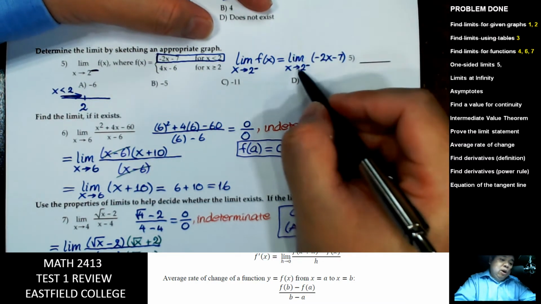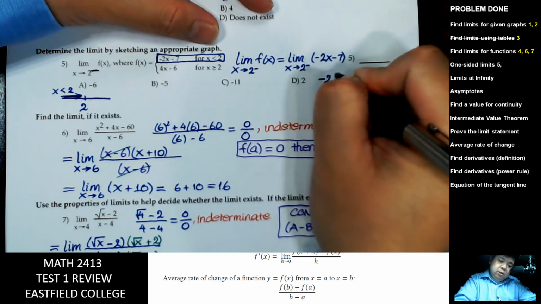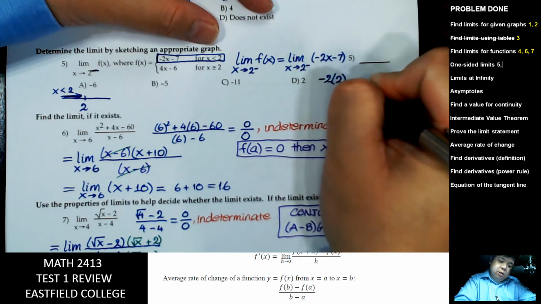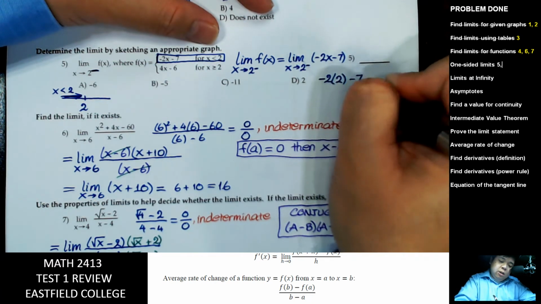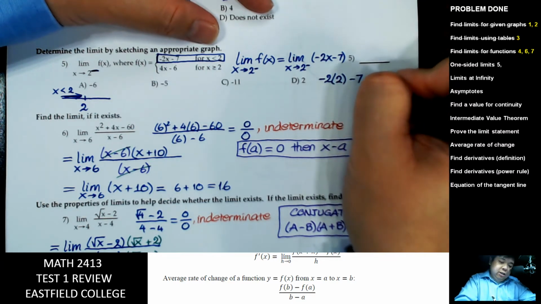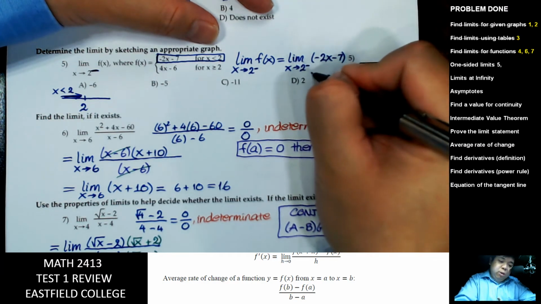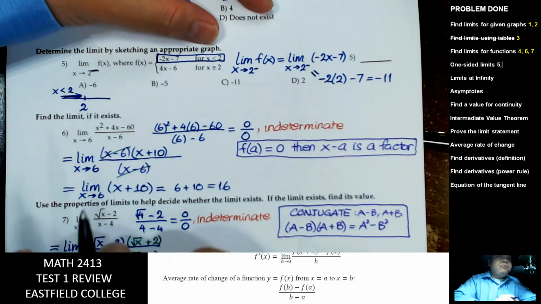Right, now we just put 2 into it, and that will be negative 11. And that is a nice number, so we make the limit equal to that.